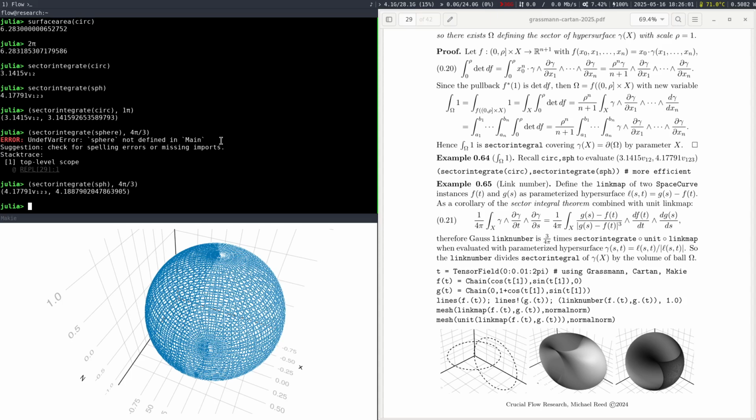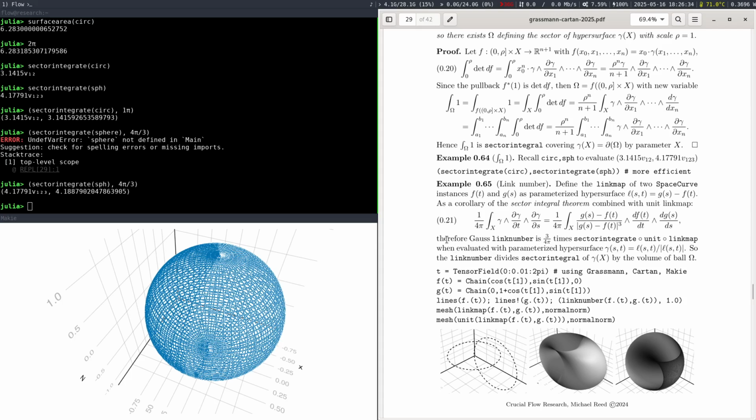So we have the link map, and as a corollary of the sector integral theorem combined with the unit link map, we have the following integral: 1 over 4 pi of the sector integral of gamma, equals g of s minus f of t divided by the absolute value of g of s minus f of t cubed, and then dt ds.